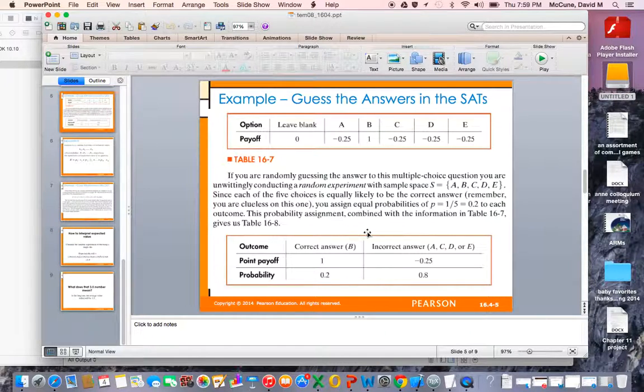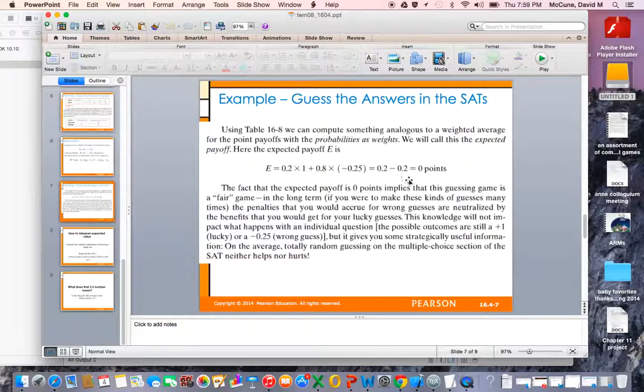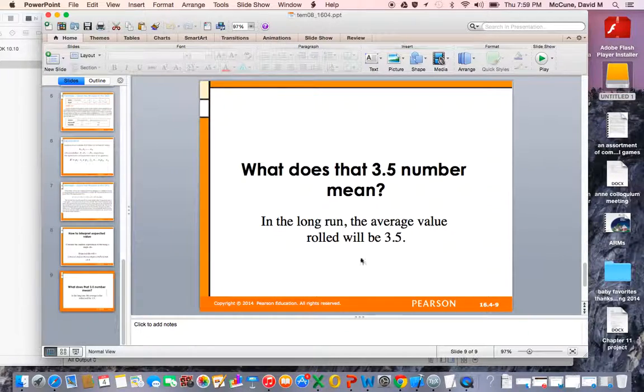In this example here, where I had 2 possible payoffs, either 1 or negative 2.5, my average payoff ended up being a 0. So in the long run, as you guess and guess and guess on these SAT questions, you should expect your average payoff to be 0 points. Your benefits outweigh your penalties. Here, if you think about a die roll as a payoff, your average payoff is 3.5.